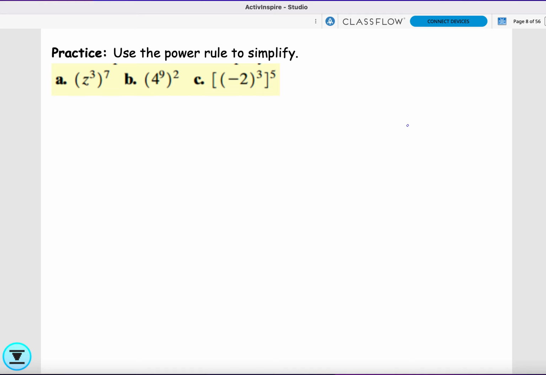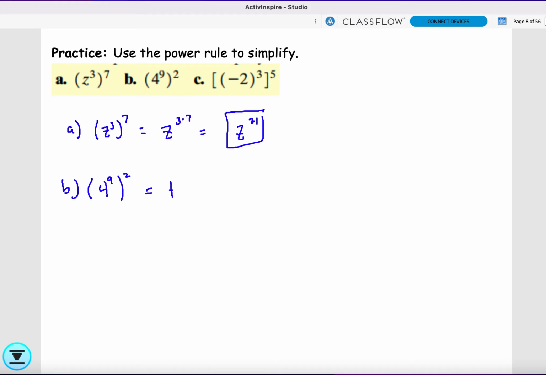Let me show you the answers. So A is z to the third to the seventh power. The base is z, but we're going to multiply 3 times 7 to get z to the 21st power. And we're done. B, we have 4 to the ninth power squared.